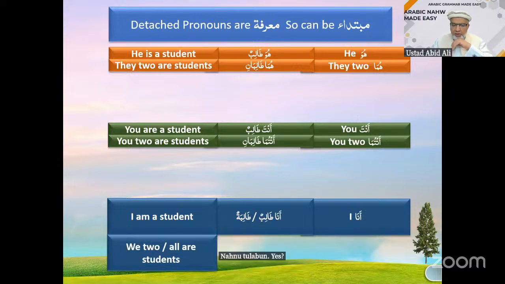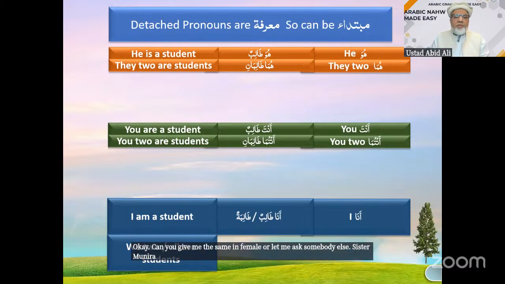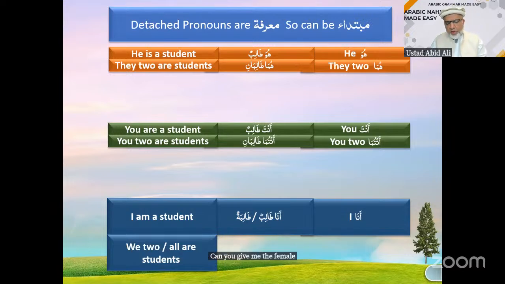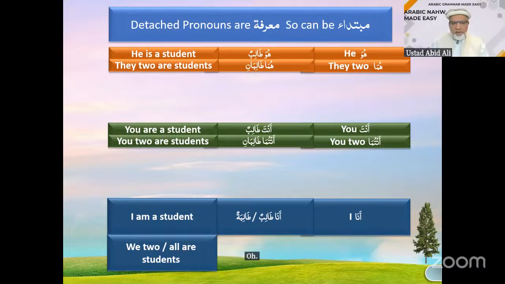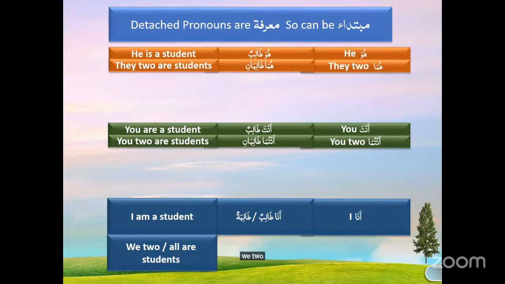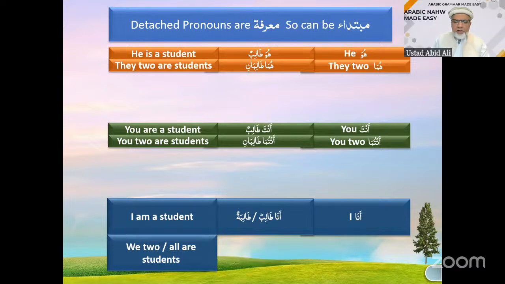Can you give me the same in female? Sister Munira, can you give me the female version for we two are female students and we all are female students? Brother Abid. We two are students. Nahnu talibani. Jazakallah khair. Sister Munira, for the feminine, what would you say?